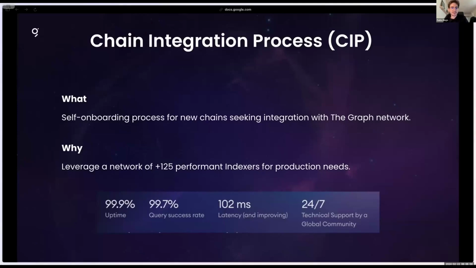This is pretty much the follow-up to the old MIPs program, if you know what it was. It's called CIP, which stands for Chain Integration Process, and it's an attempt at facilitating the onboarding of new chains to The Graph's network while ensuring good quality of service on those chains. It is a foundation-led initiative where we help ensure that new chains can get the best-in-class decentralized subgraph indexing service.